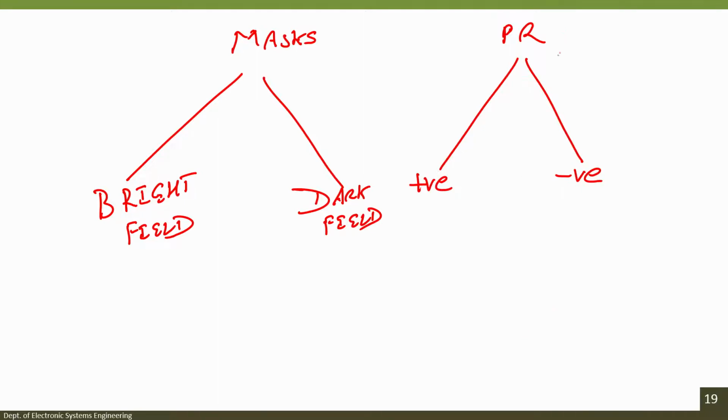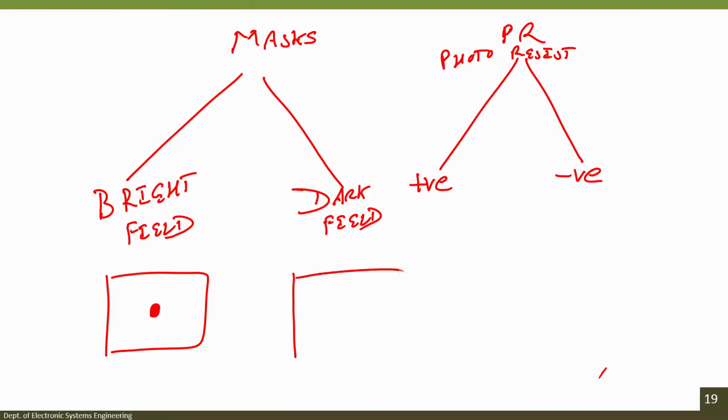Photoresists. All right. Bright field mask, dark field mask, positive photoresist, negative photoresist, got it. Now, if I have a bright field mask, that means, let us say I am drawing a circle or this particular pattern.